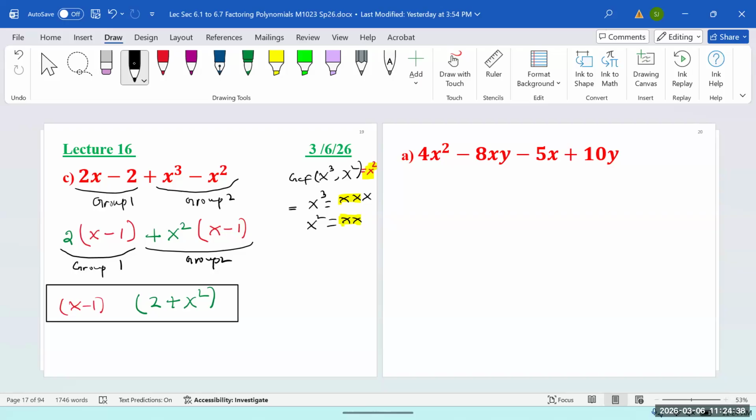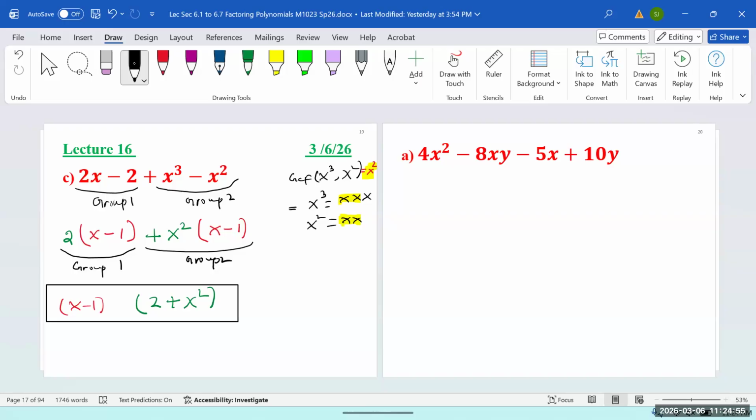So do you see the same thing in all four terms? 5 is not divisible by 2, so there is no number.